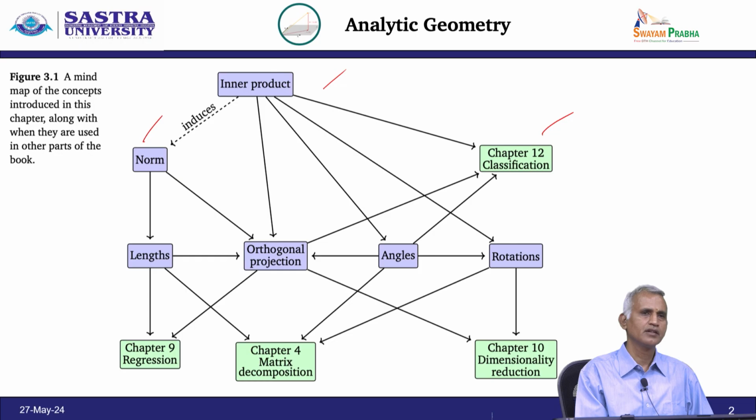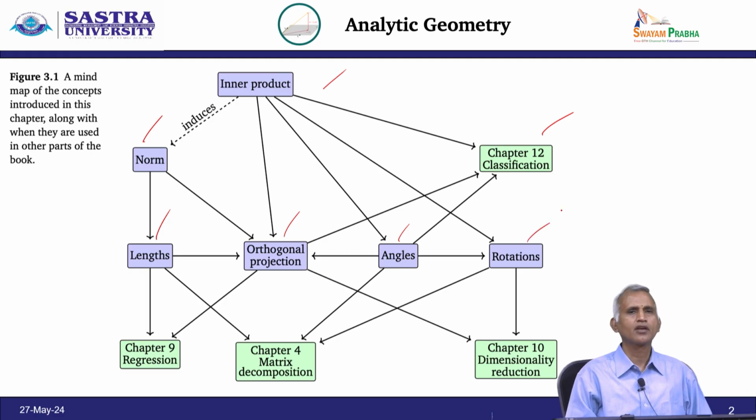Followed by norm, we have to find the length. Once you know the length, whether it is orthogonally normal or orthogonal projection, and if you have orthogonal projection, we have to find the angles and then rotation. So, these are the most important ideas that we come across in affine transformation.